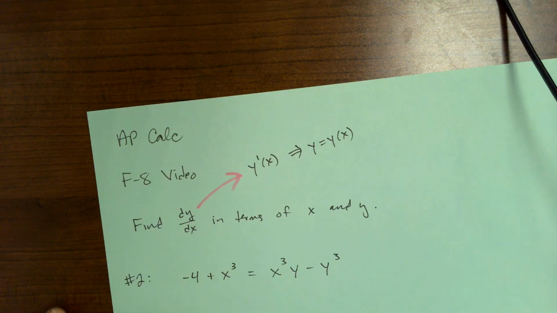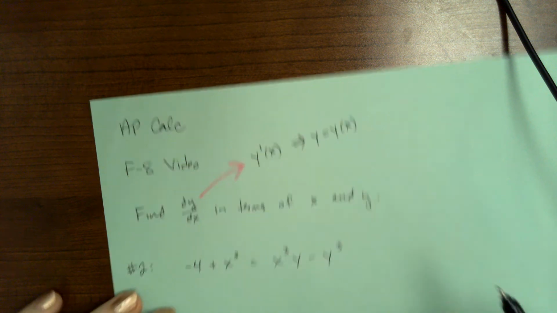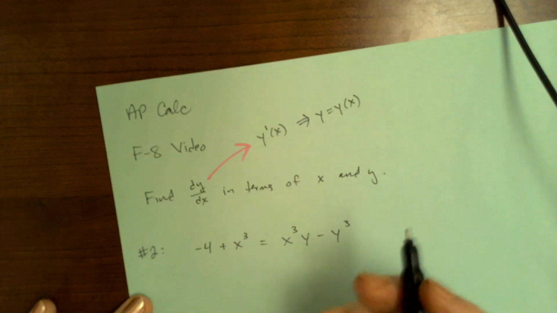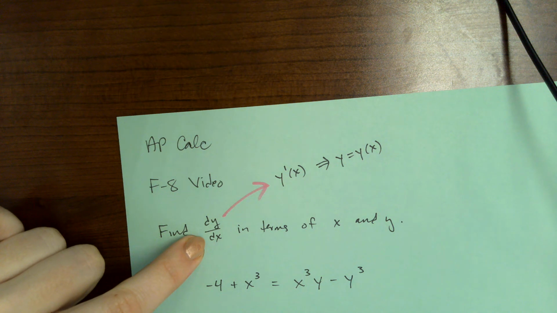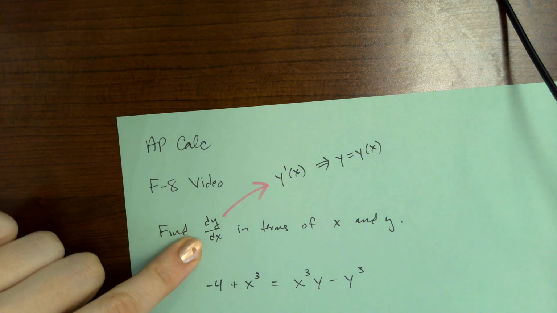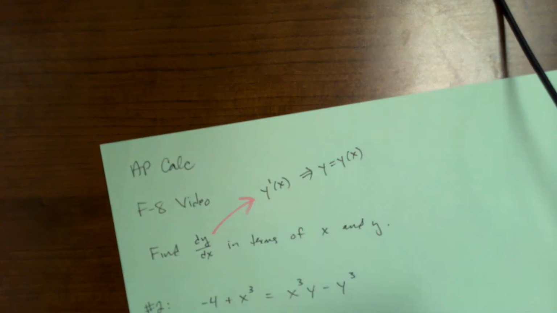Okay, so I'm going to replace the y's with y of x. If this was dx over dy, then I would be replacing the x's with x of y, but that's not typical.